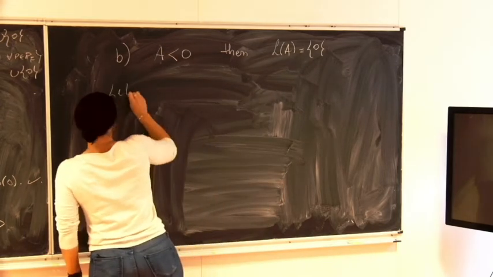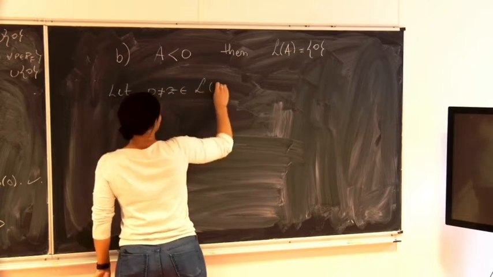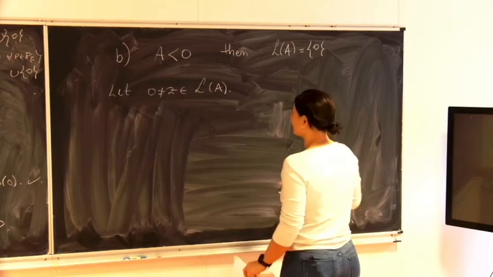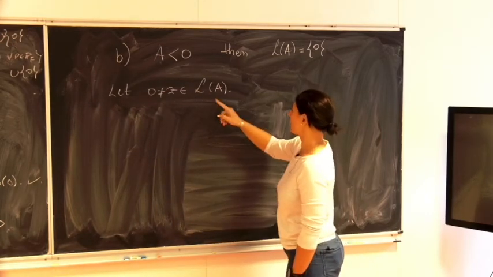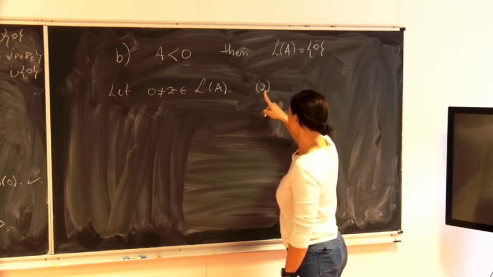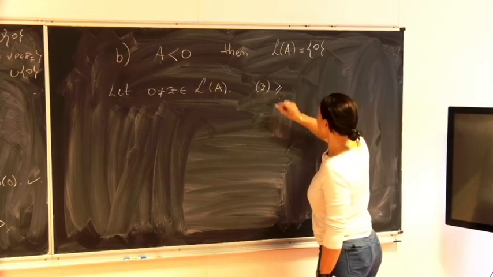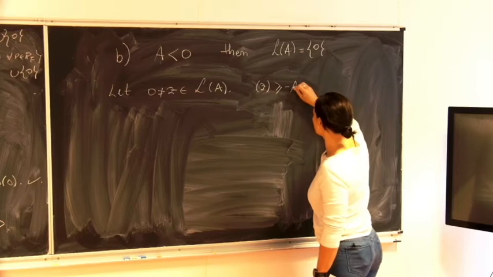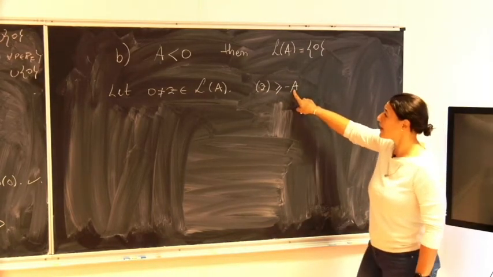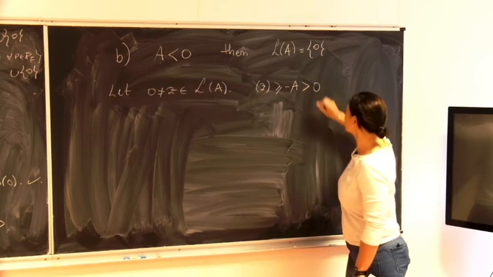So let a non-zero element z of F be inside L of A. And so by the definition of L of A, we have that this principal divisor is comparable with minus A, and it's bigger or equal than that. But A was a negative divisor, so minus A is a positive one.